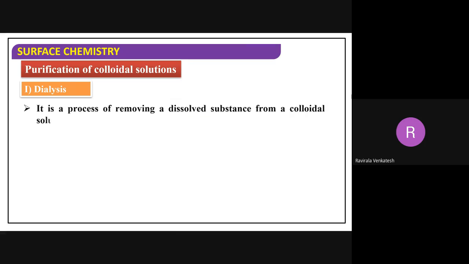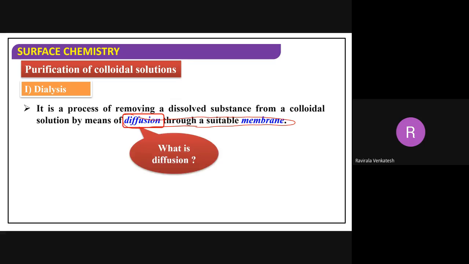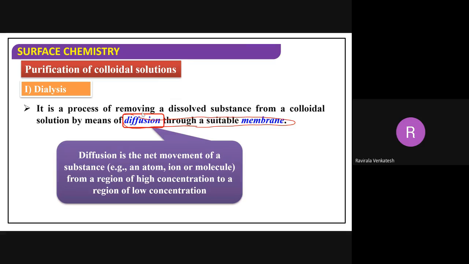Now, what is this dialysis process? In this process, we remove dissolved substances from a colloidal solution by diffusion through a suitable membrane. What does diffusion through a suitable membrane actually mean?